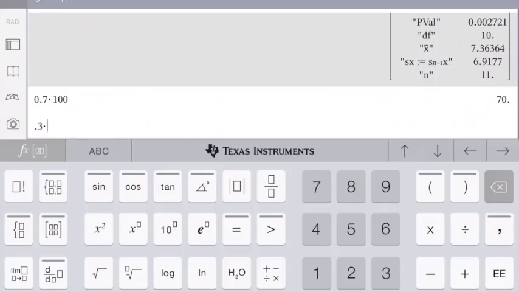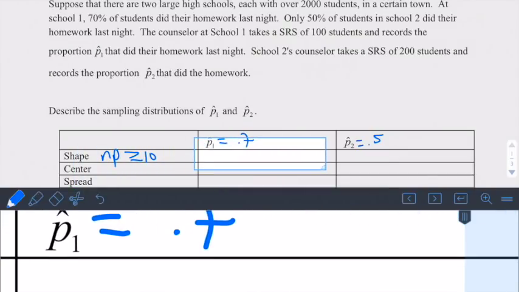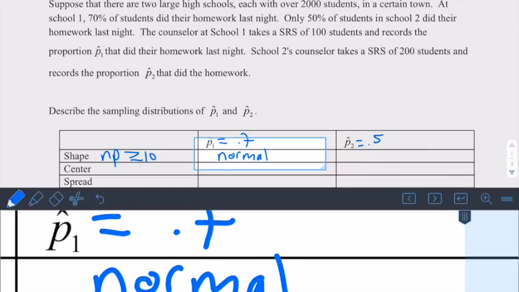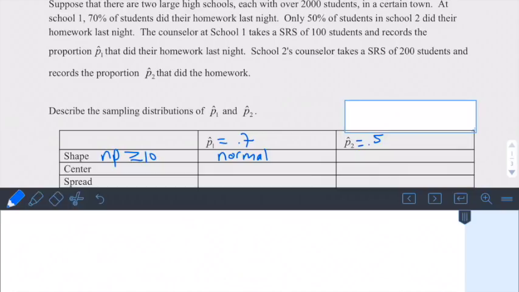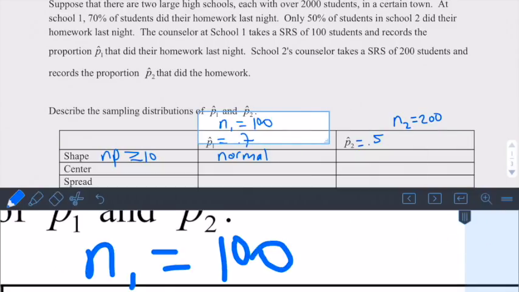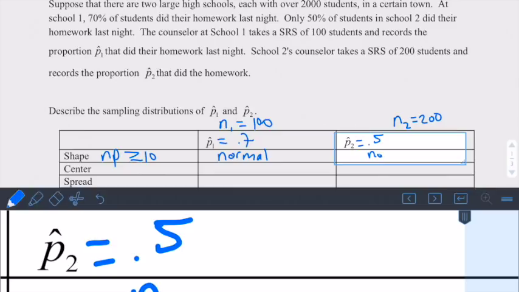And then 0.3 times 100 is 30. So this satisfies that condition, so we know that it's going to be approximately normal. If we look at p hat 2, this has 200 students. Well, 0.5 times 200 is going to be 100, so this is also going to be approximately normal.